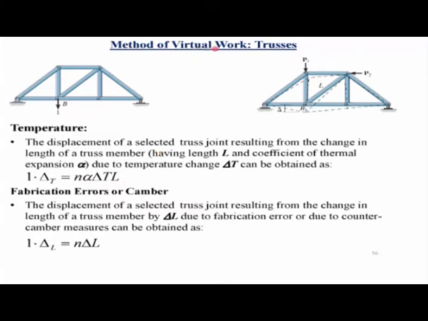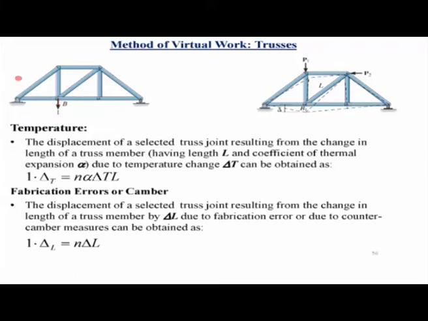So if you want to use the method of virtual work to calculate the deflection of this point B due to a change in temperature of any member of amount delta T, then you calculate the deformation of that member due to the temperature change and you multiply it with the virtual load in that member due to the externally applied virtual load of magnitude unity at the joint where the deflection has to be calculated.